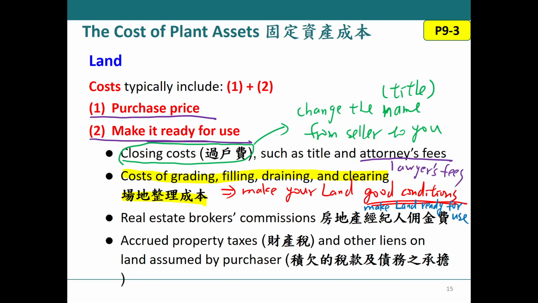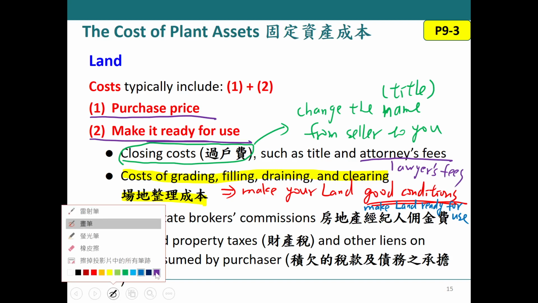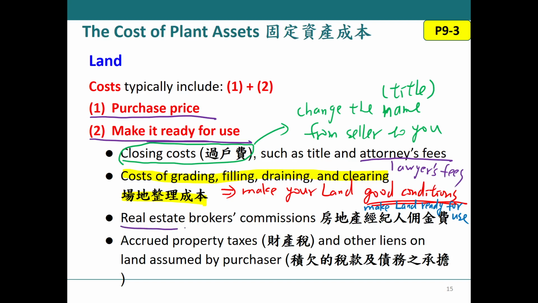So you have to pay them commissions. So including that, real estate brokers commissions. You have to pay them some 佣金 commissions, maybe 5%, 1%, 2%, and so on.